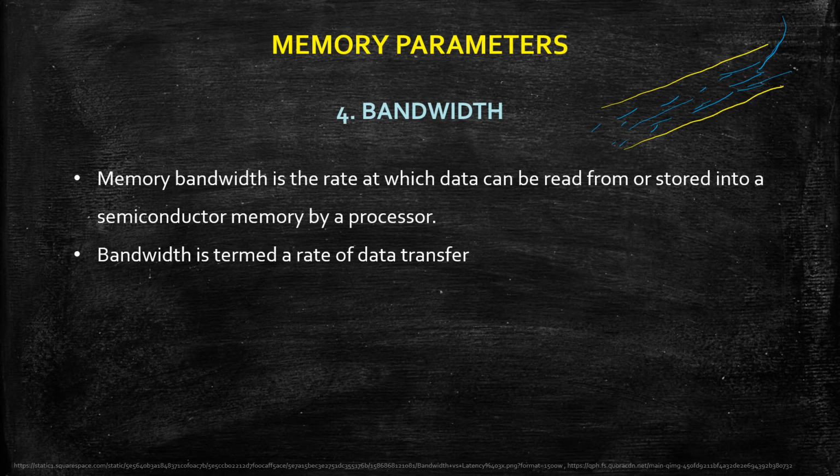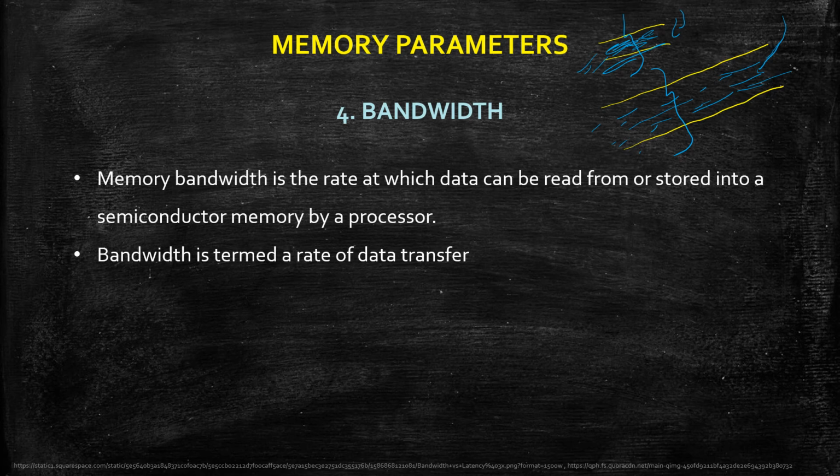The flow is the same, the supply of water, the amount of water is the same, but this pipe cannot take that much data, right? And this is called the bandwidth of the pipe, meaning the rate of data transfer, how much water can be supplied through this pipe or this pipe, the amount of water, that we call the bandwidth of the pipe.